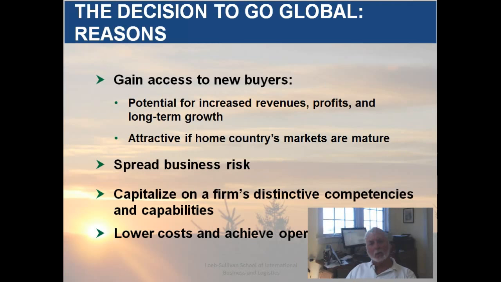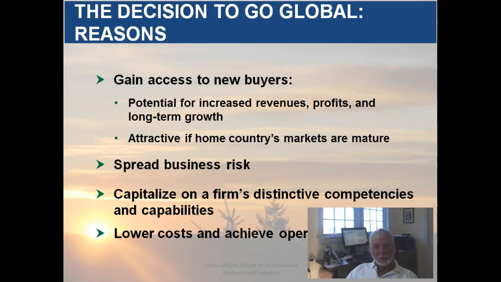So I'm going to go global. Things to do: I'm going to spread risk if I'm in multiple countries. So if one country's economy is down, maybe another country's economy will be up. I'm going to hopefully grow, gain access to new people. It's especially attractive if in my own home country my markets are mature and I have a significant share and I'm not getting a bigger share.